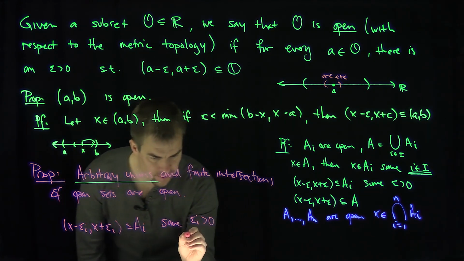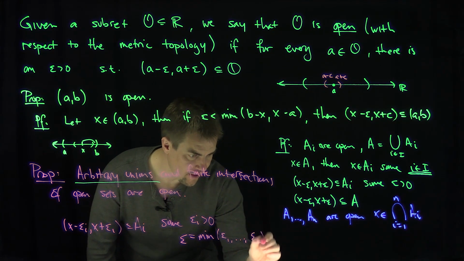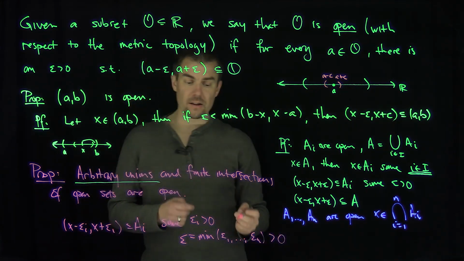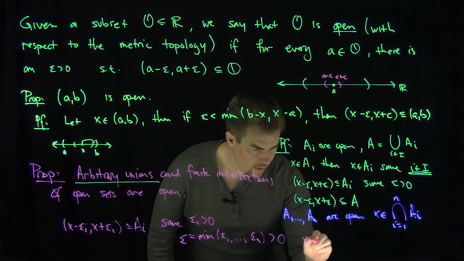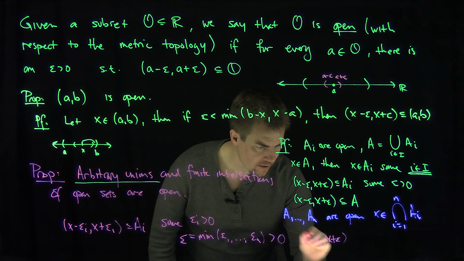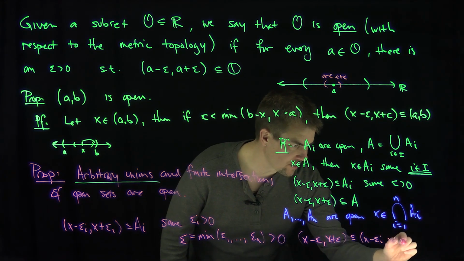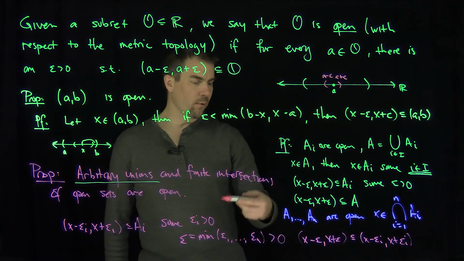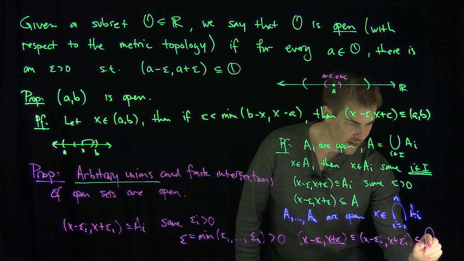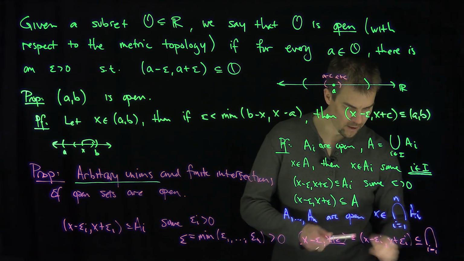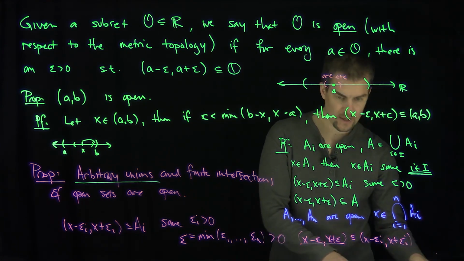And if we take our epsilon just to be the minimum of epsilon_1 through epsilon_n, that's still greater than 0, the minimum of a finite collection of positive things is still greater than 0, then we can see that X minus epsilon to X plus epsilon is going to be contained in X minus epsilon_i to X plus epsilon_i for all i, and therefore this interval is going to be contained in the intersection, i goes from 1 to n, of our sets. And so that proves that the finite intersection of open sets is open.